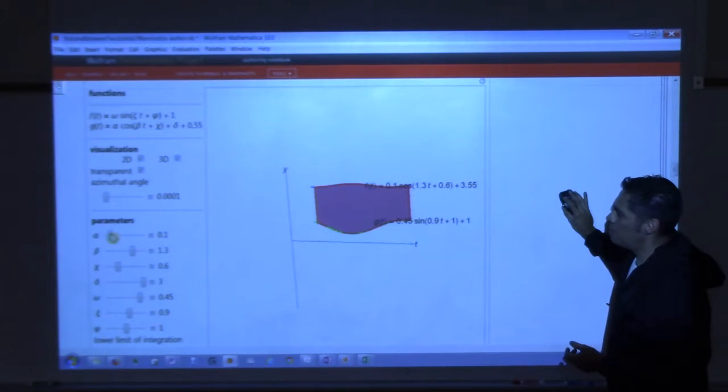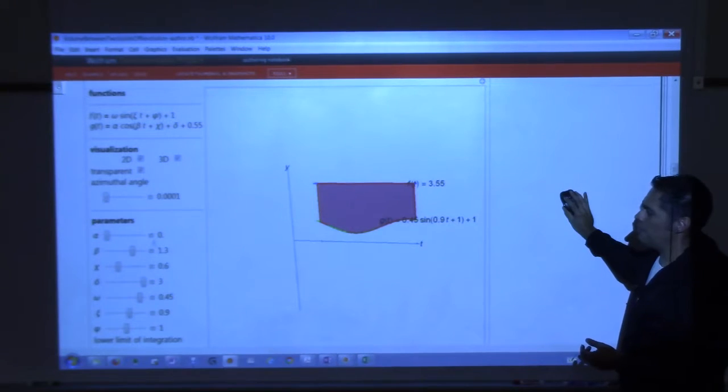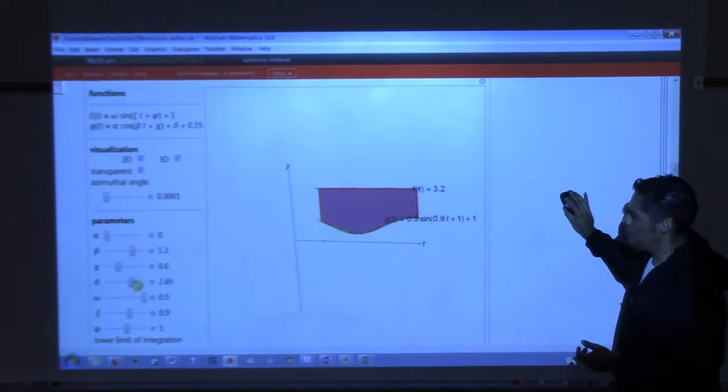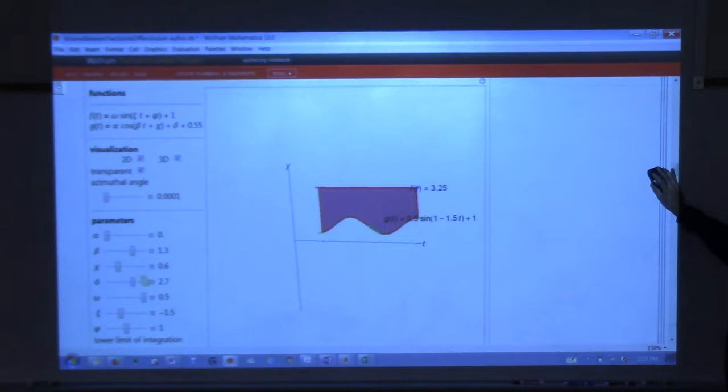That's kind of boring. Oh, you know what? I'll make it flat on the outside. There we go. No good. That's changing the height. There we go. That's more interesting, right? And now let's swing that one around.